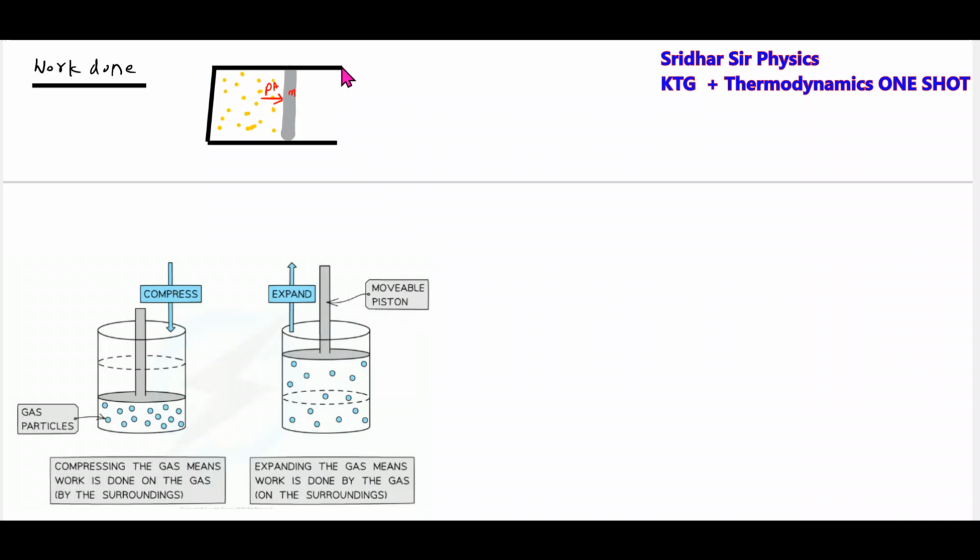After some time, the piston will undergo displacement. So if it undergoes displacement here, then work done by the gas will be dW equal to F into dx. What is F? Pressure force. Then dW equals P A dx, where A is the area of cross section of the piston. This A into dx will become change in volume. So therefore work done equals the integral of P dV.